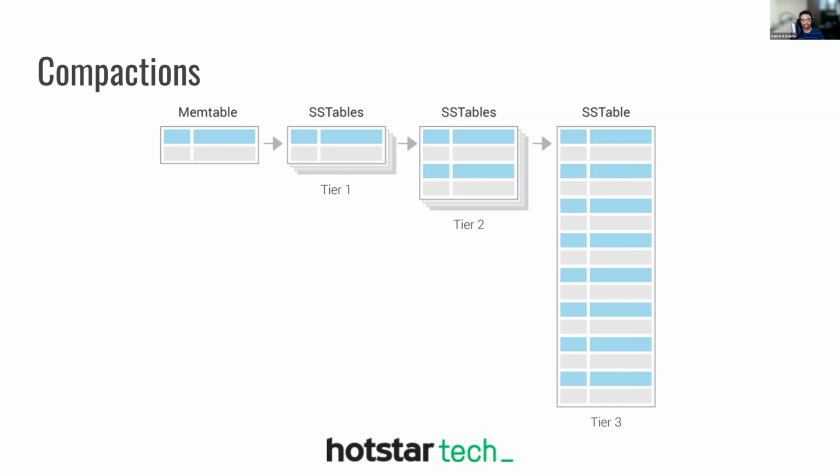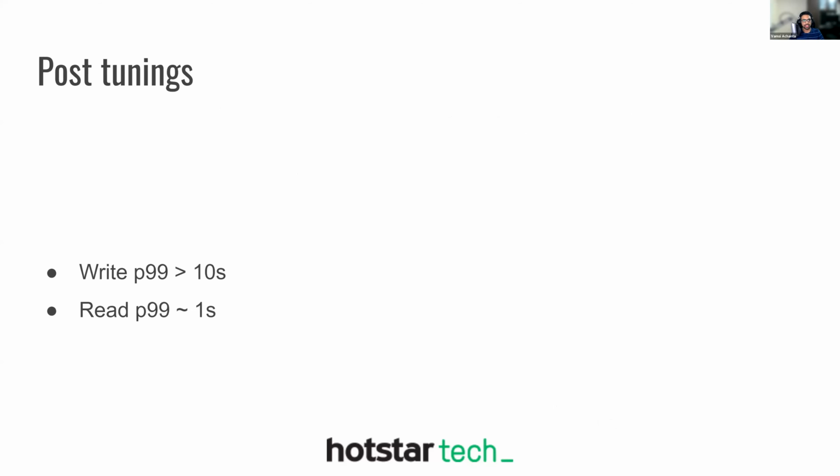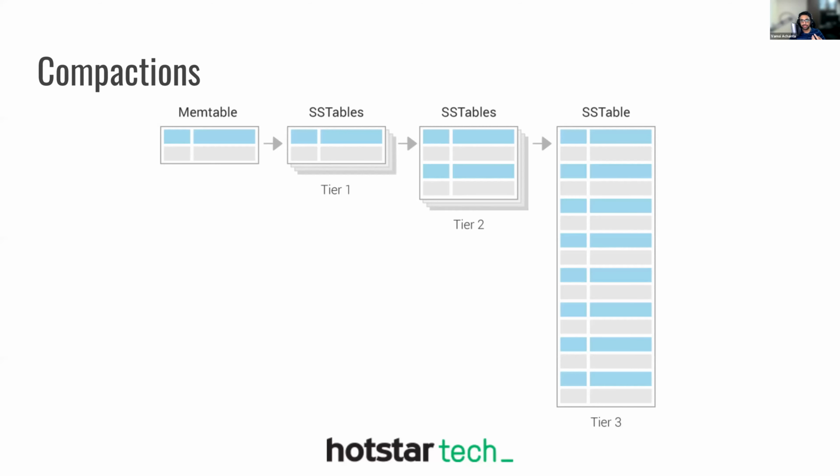Depending on the compaction strategy, here it is size-tiered compaction, once they reach a specific size they will be compacted into a bigger SSTable. Once that reaches a specific size, it will be compacted into an even bigger table. That is how compaction usually works. And during the process of compaction, any tombstones which were already created will be reclaimed. That is how we recover space.